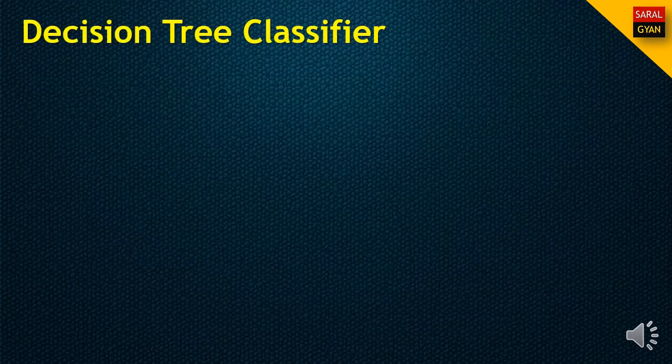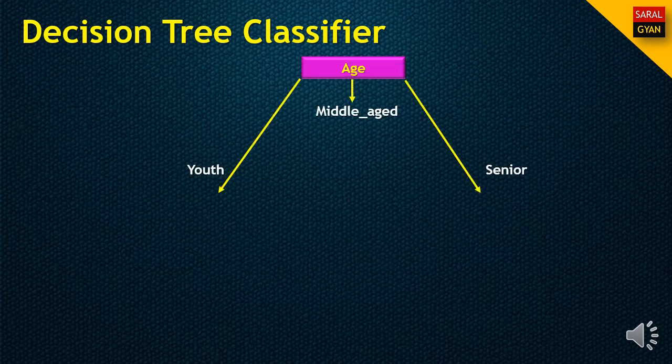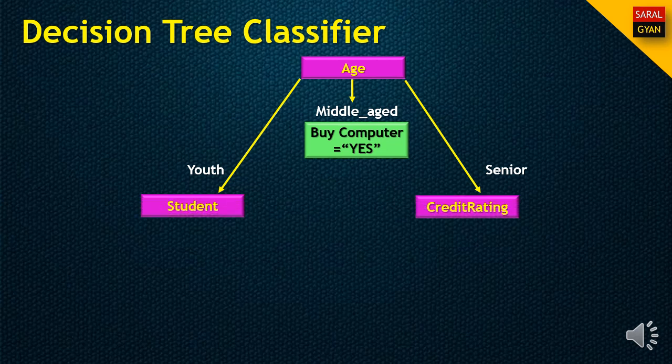So finally, the decision tree classifier model on the basis of the CART algorithm, meaning classification and regression tree algorithm: the first splitting we have done on the basis of age with three classes: youth, middle aged and senior. When age is middle aged, we reach the leaf node, meaning no further classification is needed. But when age equals youth and age equals senior, we have again performed the second level splitting on the attributes student and credit rating on the basis of their highest information gain values.